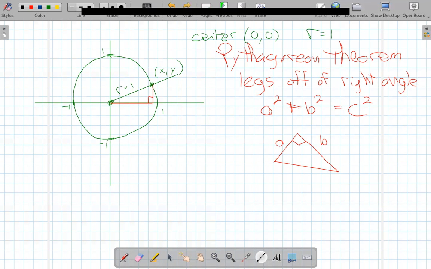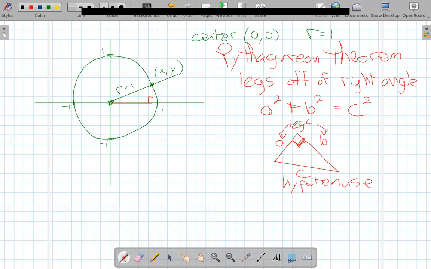So hopefully that is very well drilled into your head by your previous life in math. And again, we got legs. So this guy and this guy right here, and they're always off that right angle there. And then this one right here is my hypotenuse.